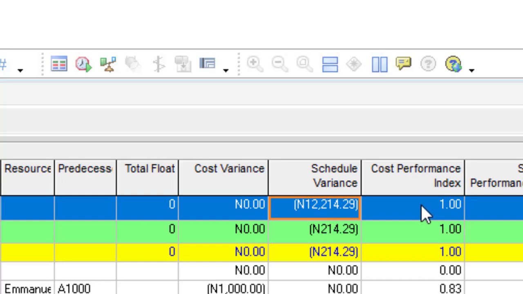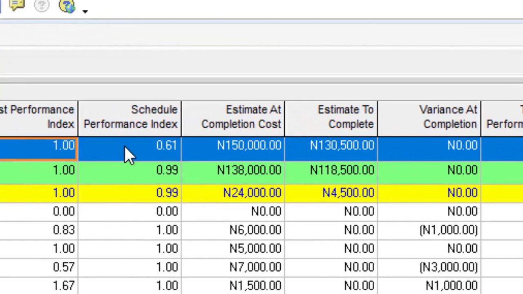Our cost performance index is showing 1. Obviously, since our cost variance is 0, that means we're on target. It also means that our rate of performance with regards to cost is also on target. So we're getting full value for money. And that's exactly what our cost performance index is showing here. And then our schedule performance index is less than 1.